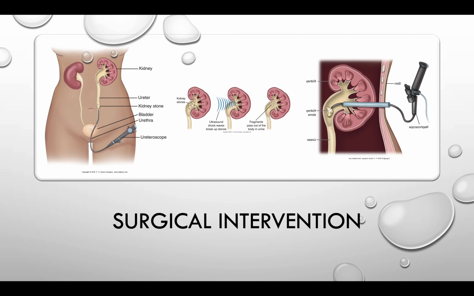We just want to watch to make sure that it's not developing some type of blood collection like a hematoma. Infection could be something that we're worried about after the procedure, so we want to monitor them for signs of infection. It's likely that they're going to have some hematuria, so we want to make sure that they know that. And then again, we're probably going to be straining their urine.